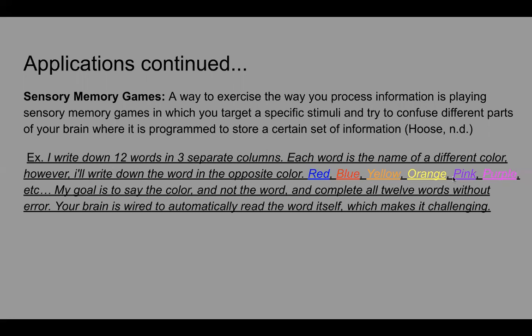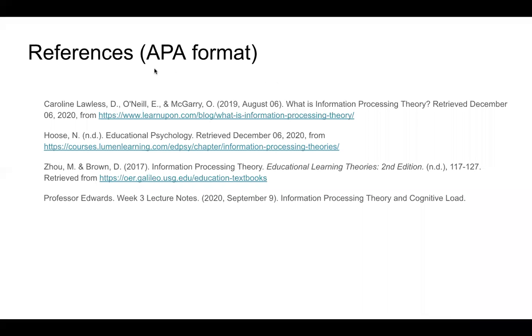So how you read this is blue, red, orange, yellow, purple, pink. I am not reading the words, but I'm just saying the color that it is. So my goal is to say the color and not the word, and complete all 12 words without error. Your brain is wired to automatically read the word itself, which makes it challenging. And that's the end of our presentation.